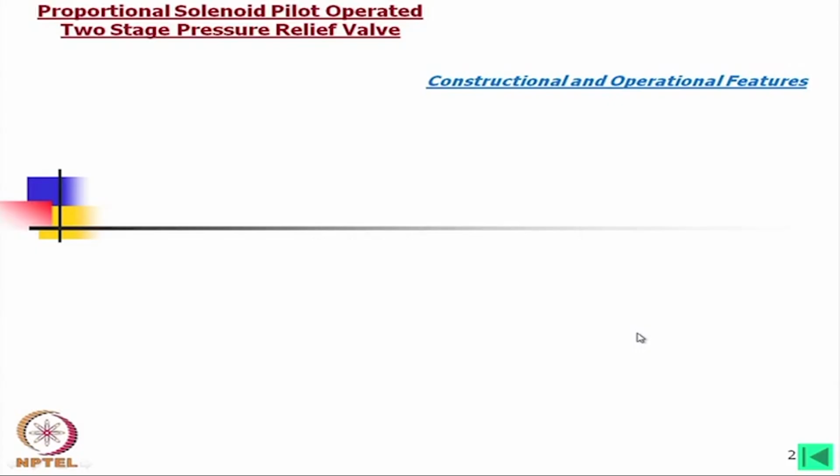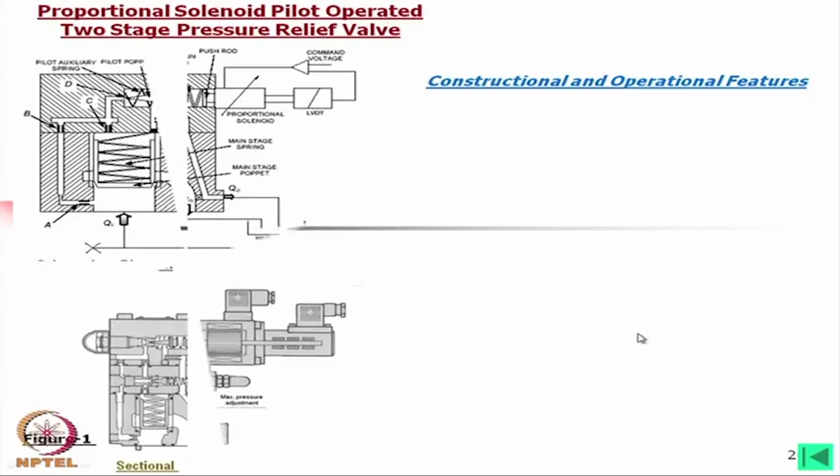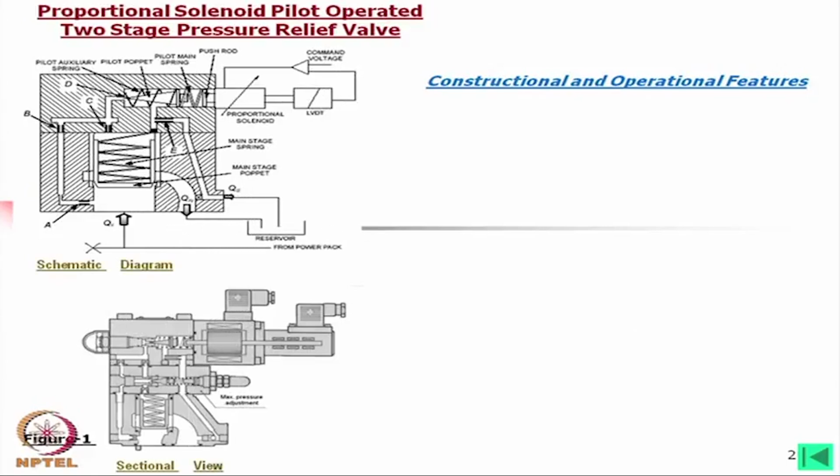Now, let us look into the constructional feature of this valve. In this diagram I have shown one sectional view of the valve. In this view this is the main stage and this is the flow input side.